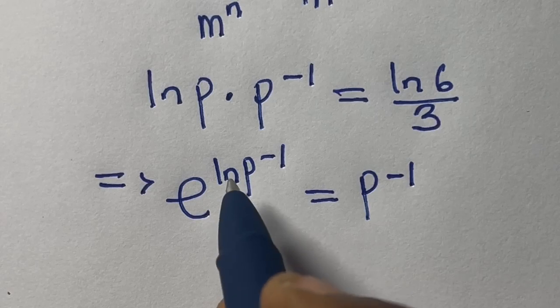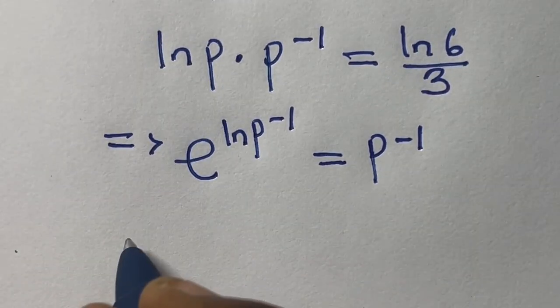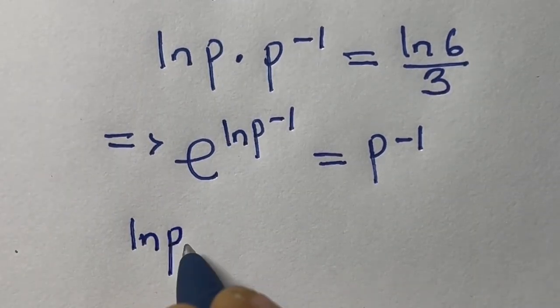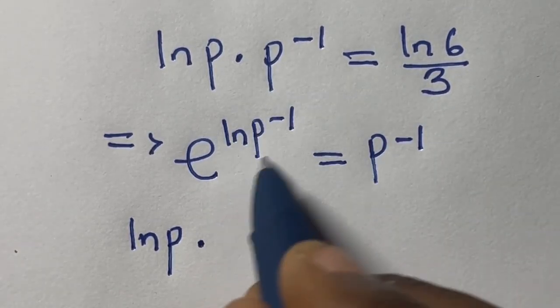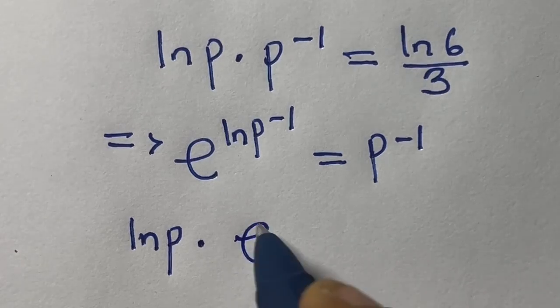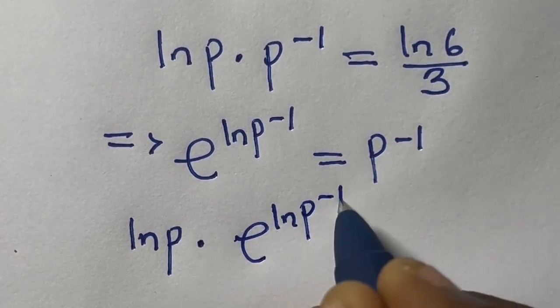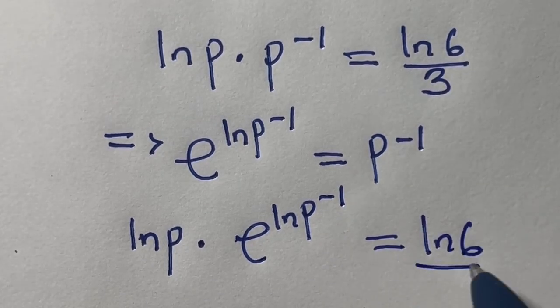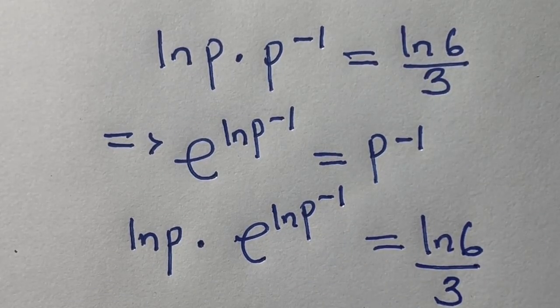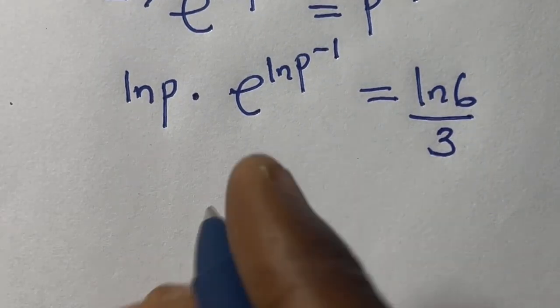So now we will have ln p multiplied by this, where p raised to power minus 1 is replaced with the exponential of minus ln p, equals ln 6 divided by 3. I hope you are with me.